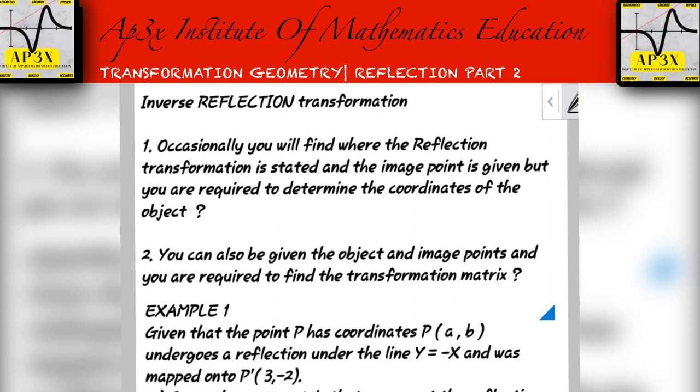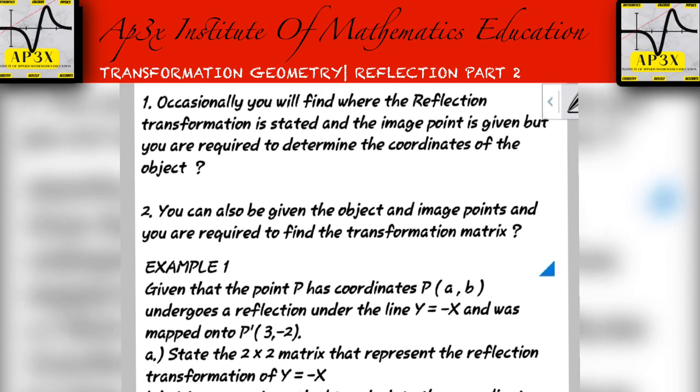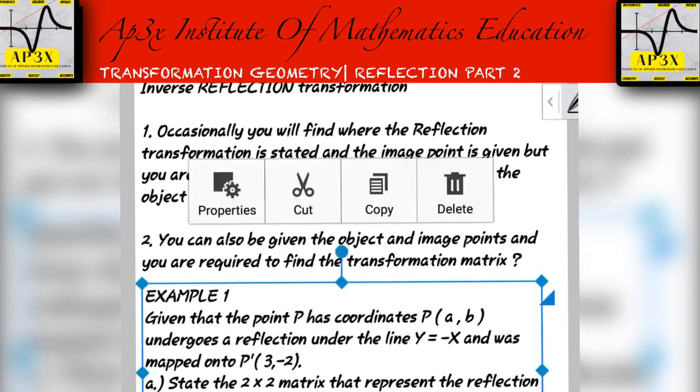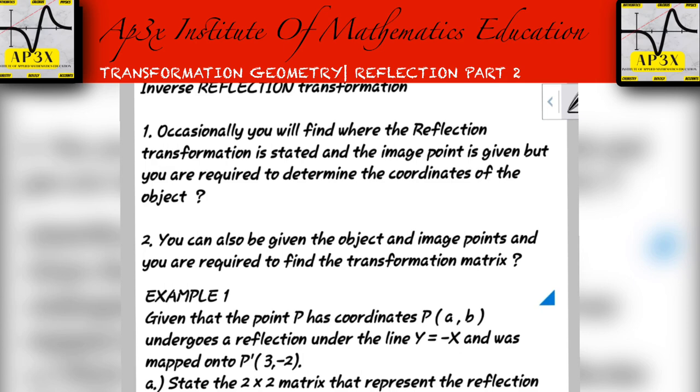So inverse means opposite. Here on screen it says that occasionally you'll find where the reflection transformation is stated and the image point is given, but you're required to determine the coordinates of the object.